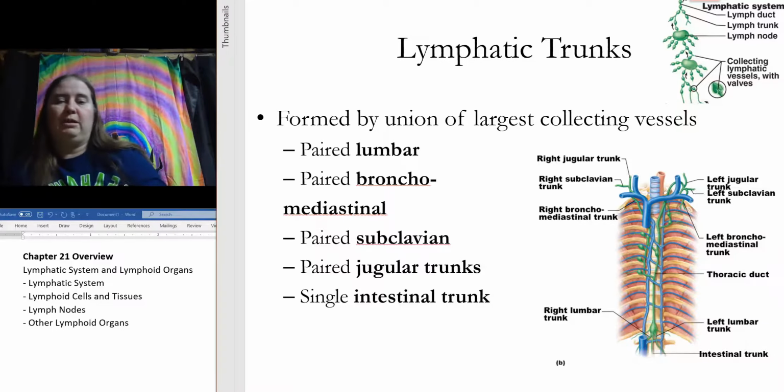And what we can see is this distribution of lymph, right? We can see this split in this light green area. Okay. So this whole region here will dump into the right lymphatic duct. All of the red and the rest of the body will dump into the thoracic duct, okay? And again, the thoracic duct will empty into the subclavian over here, okay? And the right lymphatic duct will enter into the jugular vein on the right side.